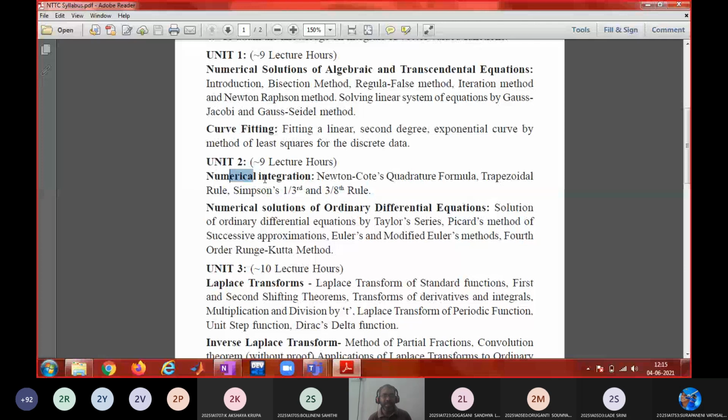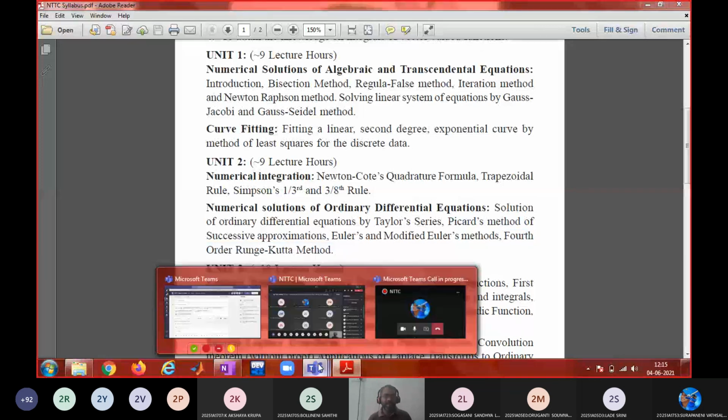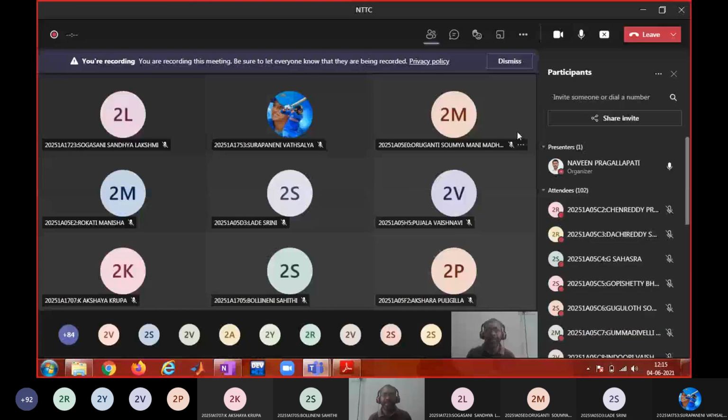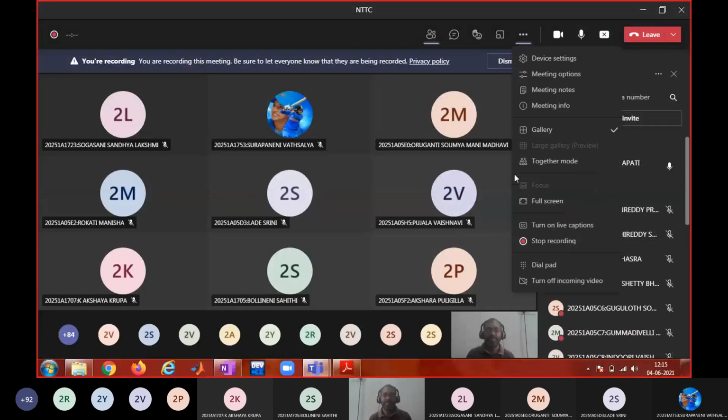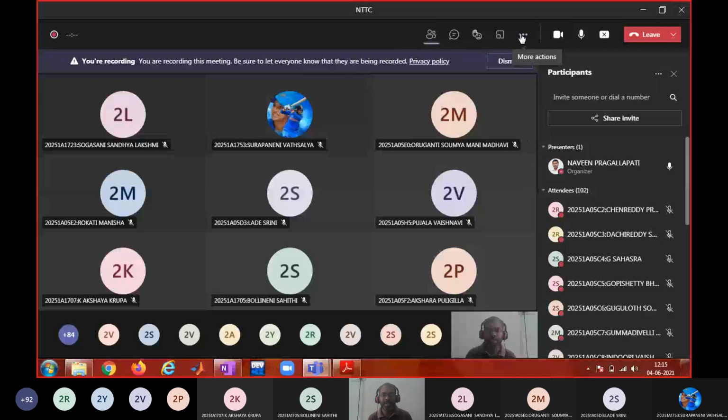So numerical integration is completed. The numerical solution to ordinary differential equations: Taylor series method, Picard's method of successive approximations, Euler's method, modified Euler's method, and fourth order RK method. So we have completed all the topics in the second unit. With this we have completed the discussion on numerical methods.